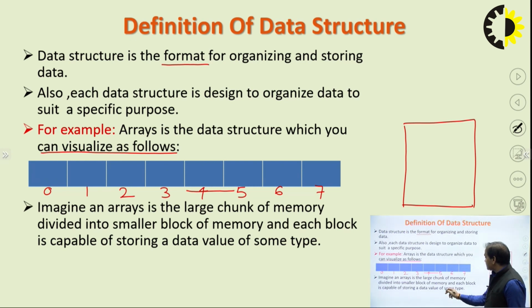Some type means it may be integer type, character type, float type, or any primitive data type. By using that data type, we have to assign the values of that array of a particular data type.